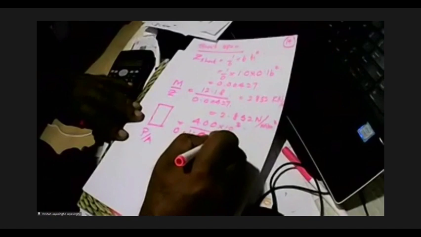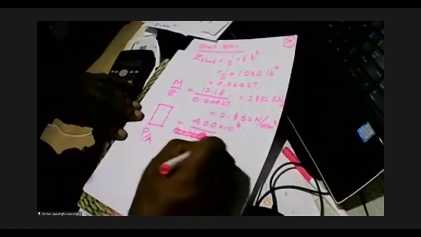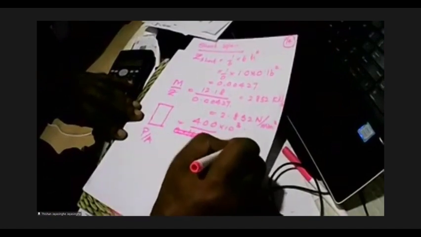Then we have to find P over A, which is 400 divided by 160, 0.16 times 10 to the power 3, that is 400 divided by 160 multiplied by 1000.